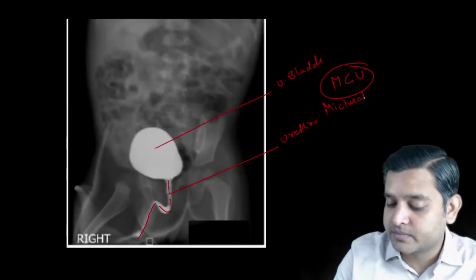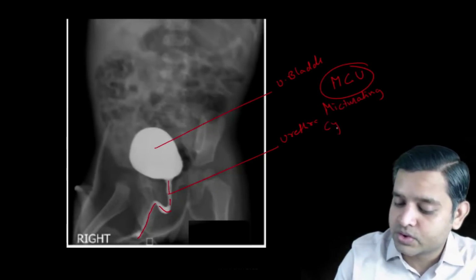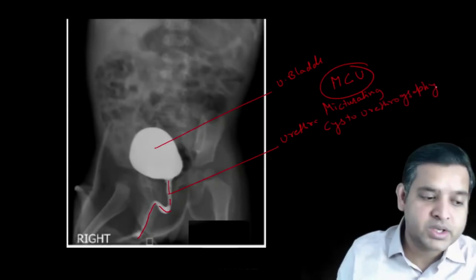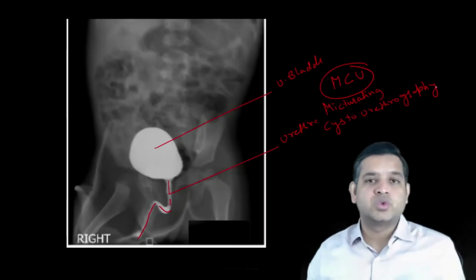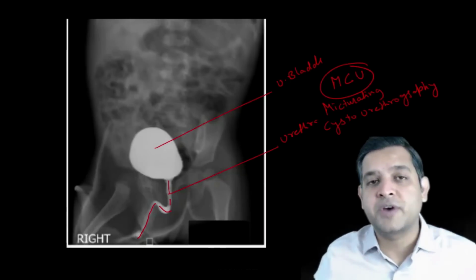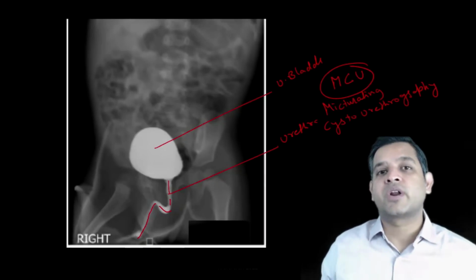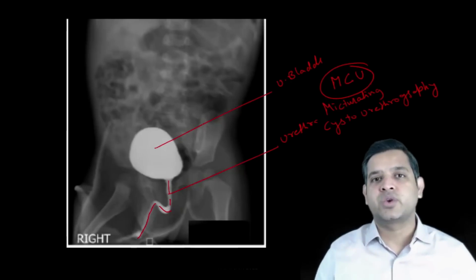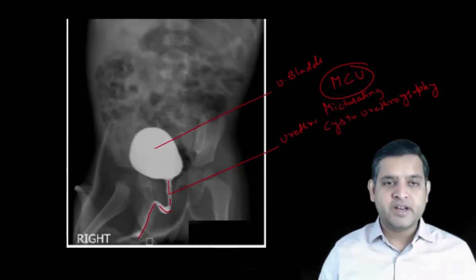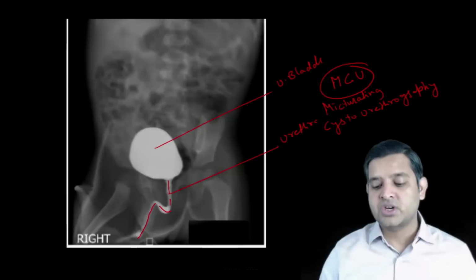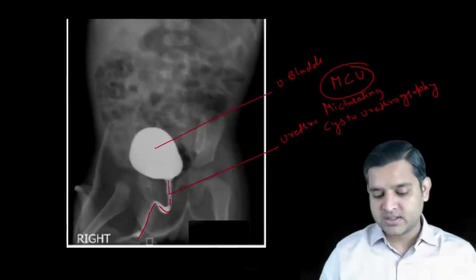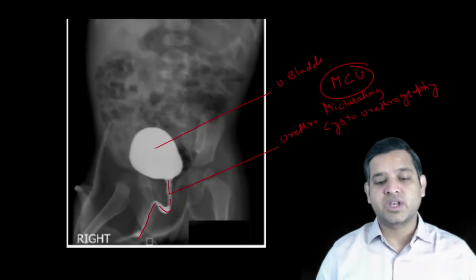Micturating cystourethrography, which is a very, very good investigation for evaluation of the posterior urethra and vesicoureteric reflux. So this is an MCU.